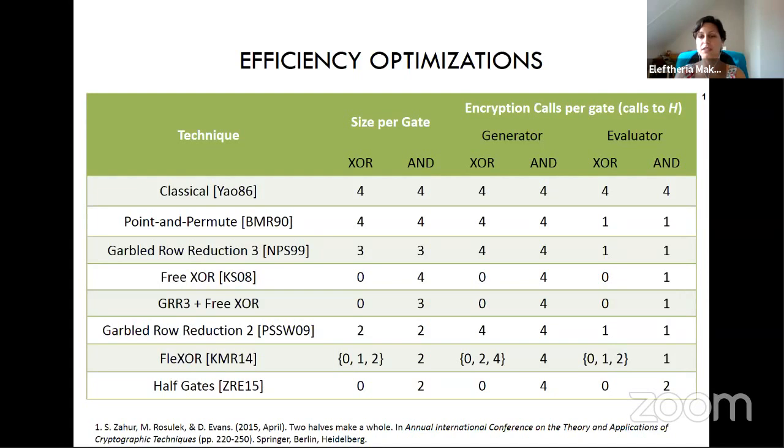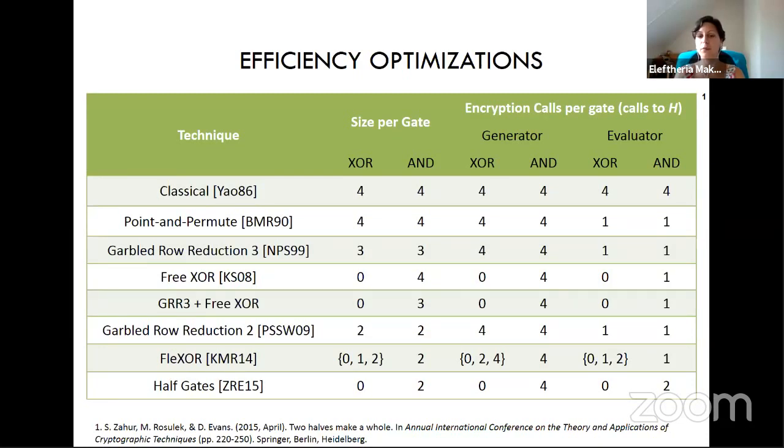Then the garbler has to garble all 4, and the evaluator has to decrypt all 4. Then we have the point and permute optimization, which allows the evaluator to decrypt only 1 of the 4 rows. And then we have the garbled row reduction later on, which allows us to send 3 ciphertexts instead of 4 per gate.